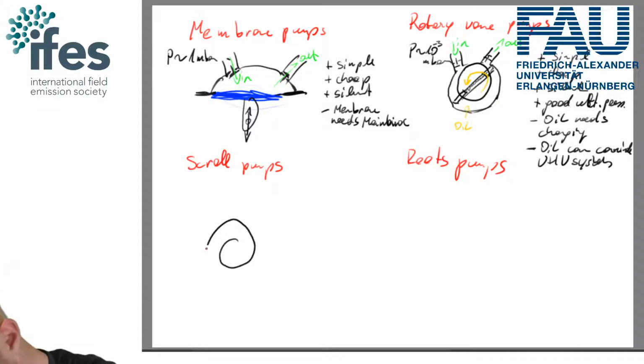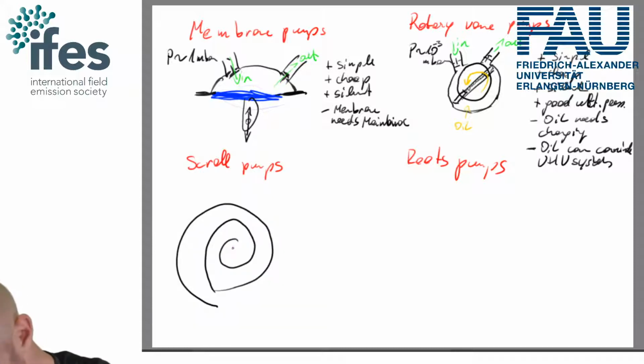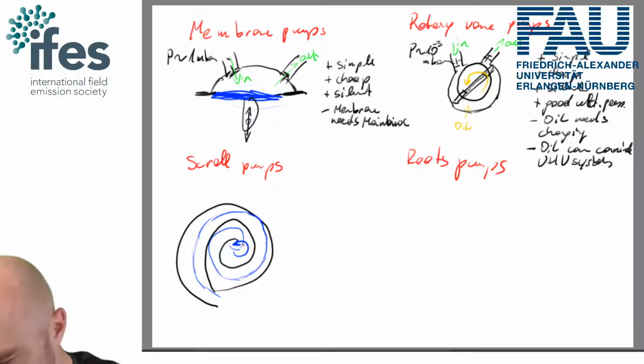It's essentially a pump where you have an inner scroll, and counteracting to it, one static scroll and one dynamic scroll, and essentially the moving scroll rotates with a certain motion around the static scroll.